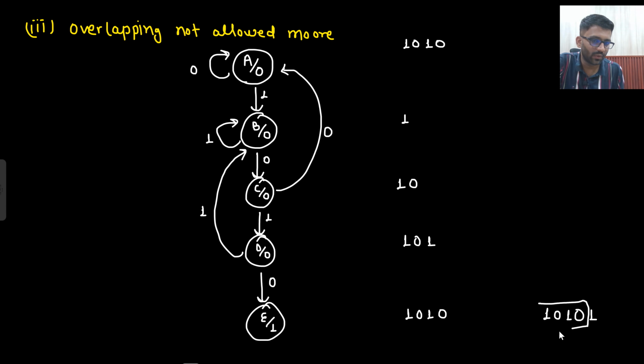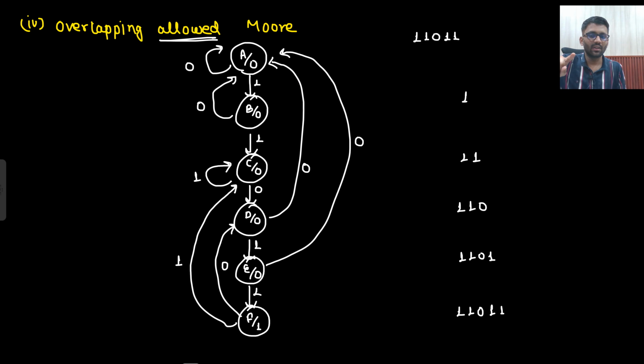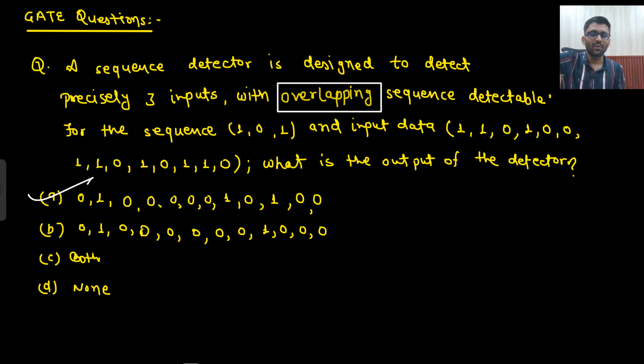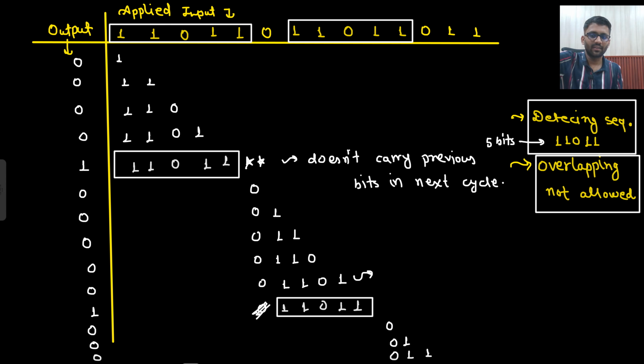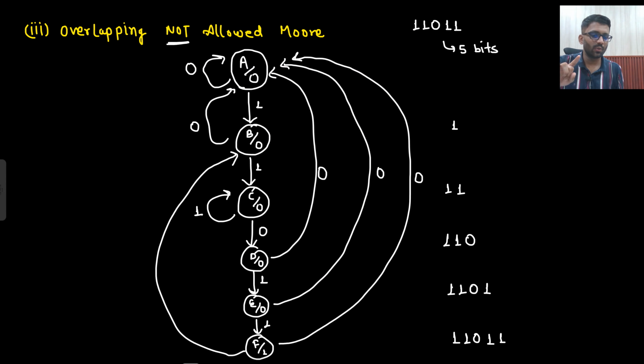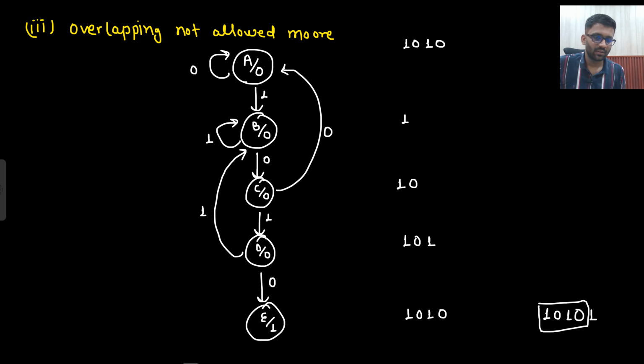Because in case of overlapping not allowed, if sequence is detected, then the whole register gets cleared. So it is clear now. So now you only have to look at 1.